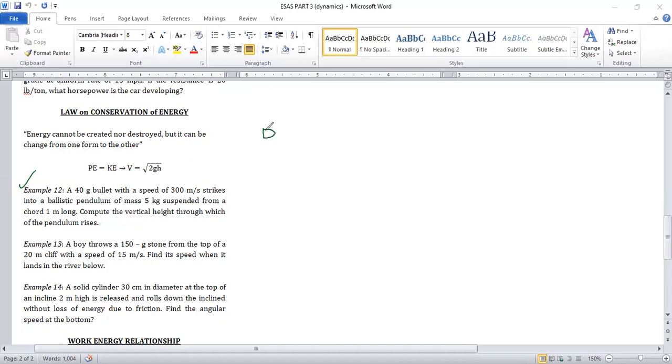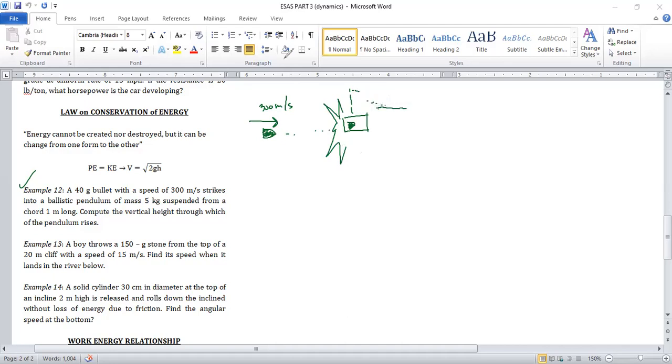So, okay, we'll just use this portion here. So initially you have the bullet traveling at 300 meters per second, and then it hits a pendulum. Okay, so after the impact, the pendulum rises because of the impact.